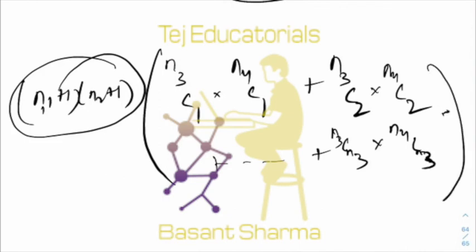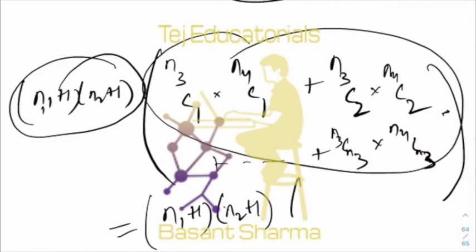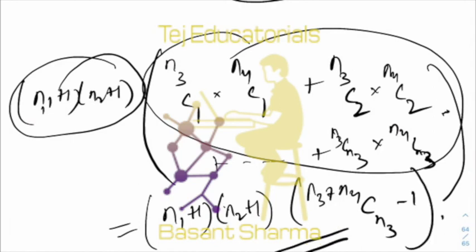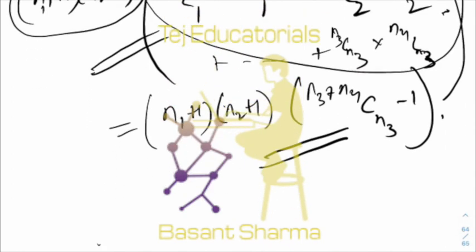Okay, so again, if you are familiar with binomial, then you would recognize that this sum is nothing but n3 plus n4 c n3 minus 1. Otherwise you can leave the answer here, there's no problem.